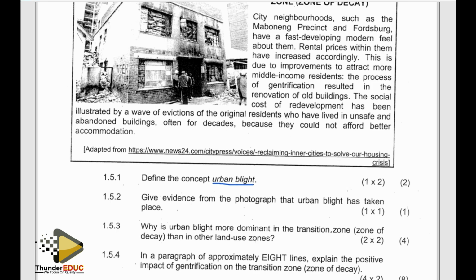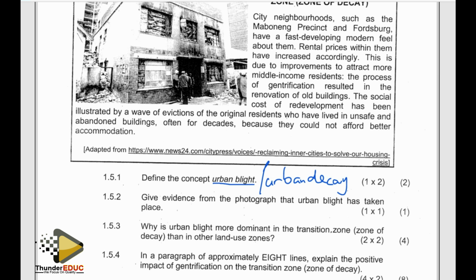Urban blight is a geographical concept, or in some instances you tend to find that besides urban blight it is indicated as urban decay. What is it that we call urban blight? We'll try to define it in simple terms.